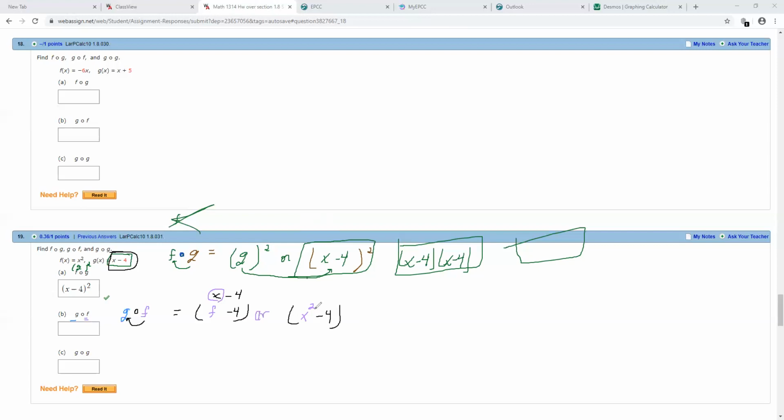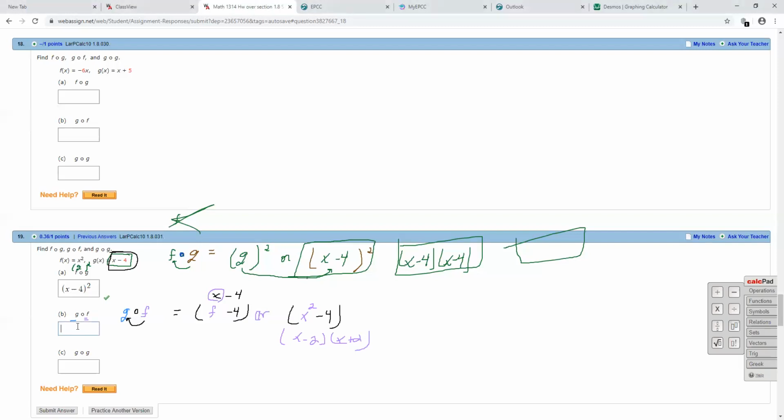And you could factor this if you wanted to, but there's no need. We're not asked to find the domain. This was not in the denominator. They just want us to write down the new function we just created, and it is x squared minus 4. You don't need the parentheses.